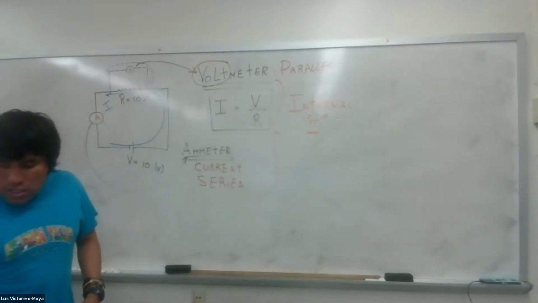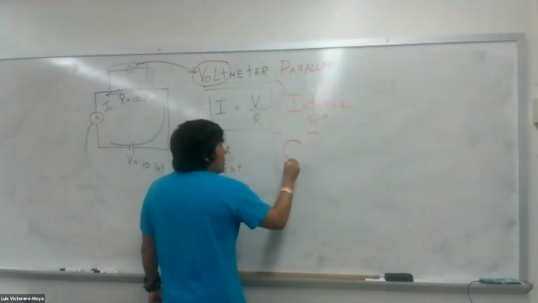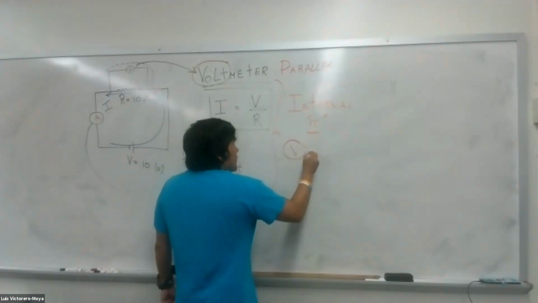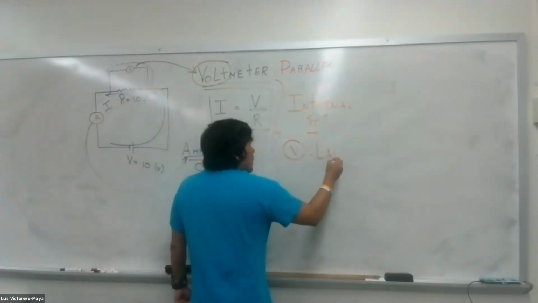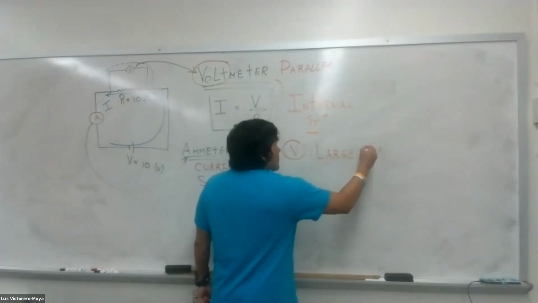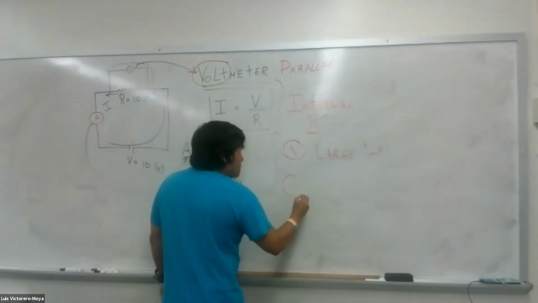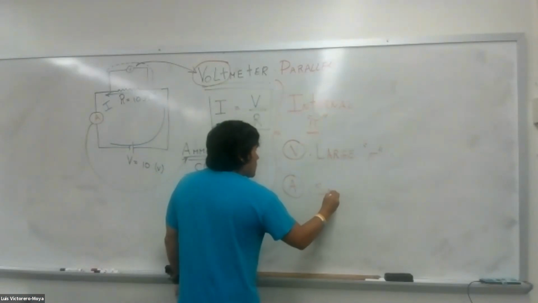The internal resistance for the voltmeter has a very large R. For the ammeter, however, it is small.